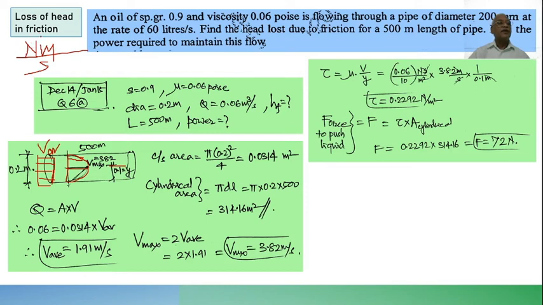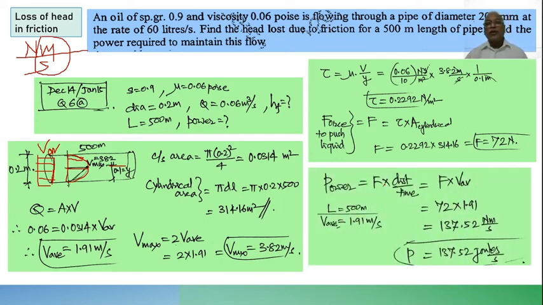So force is there, and this term meter per second is nothing but velocity, and I know that average velocity is 1.91. So power required is equal to force into distance divided by time, or average velocity. So 72 multiplied by 1.91 gives you 137.52 Newton meter per second.